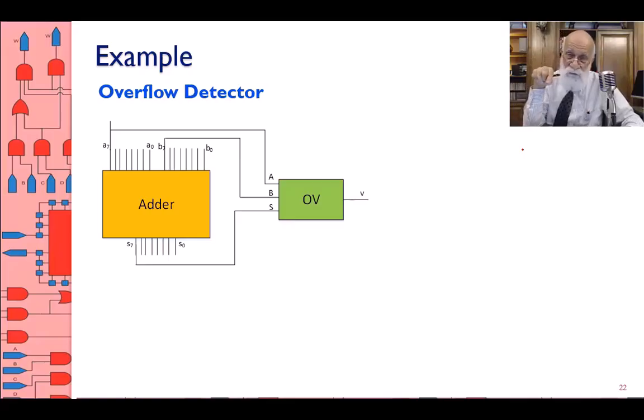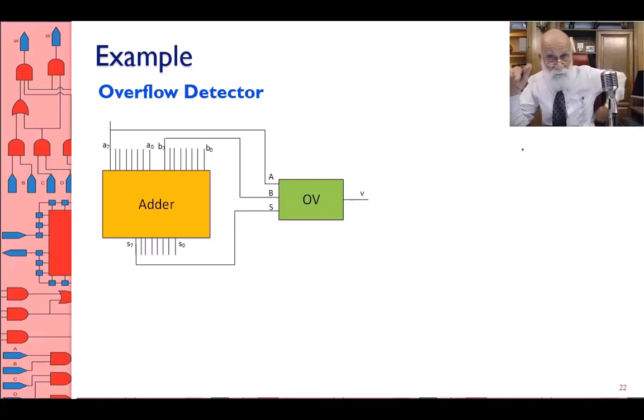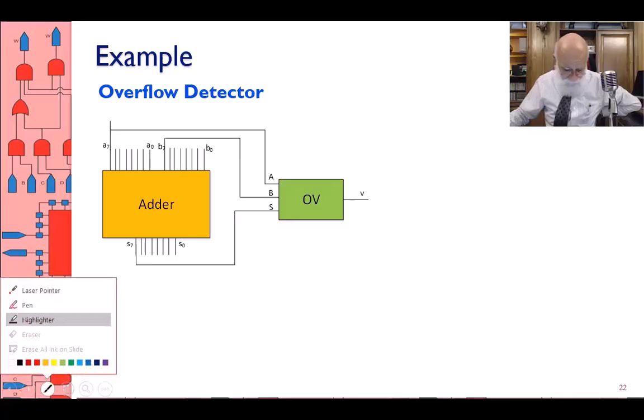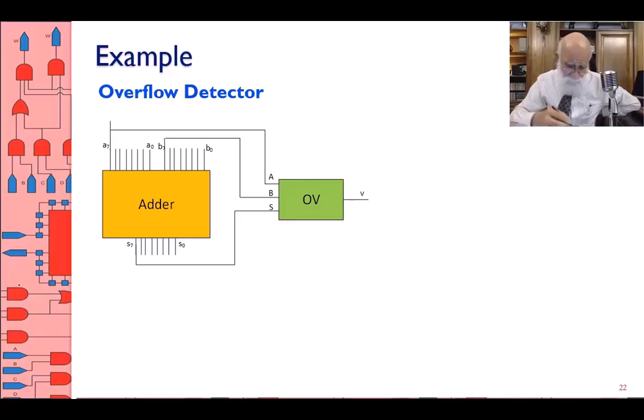Remember, in the number system, we talked about an overflow circuit. We said an overflow circuit is a circuit that takes an adder and looks at the sign bits of the adder.